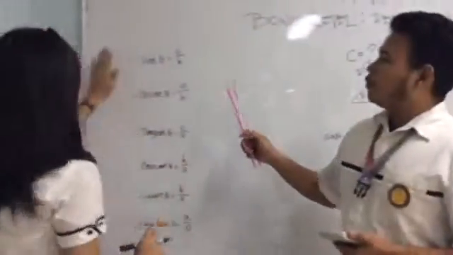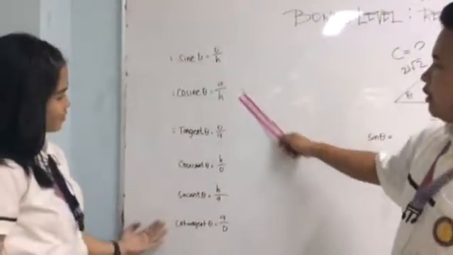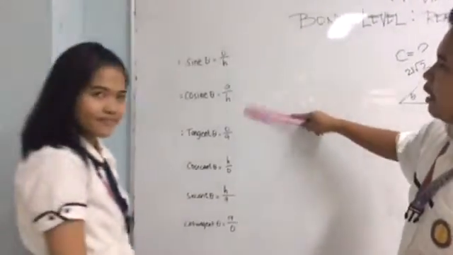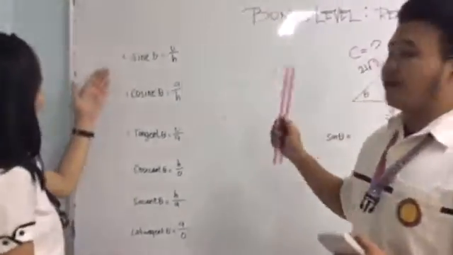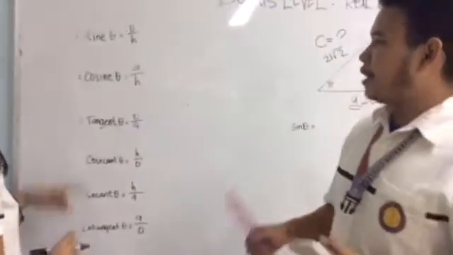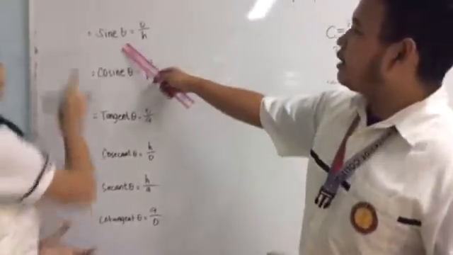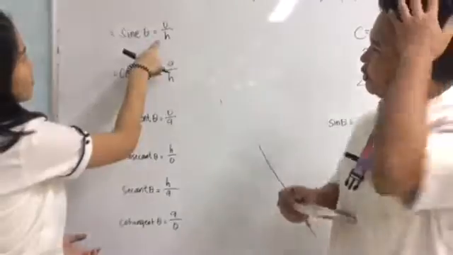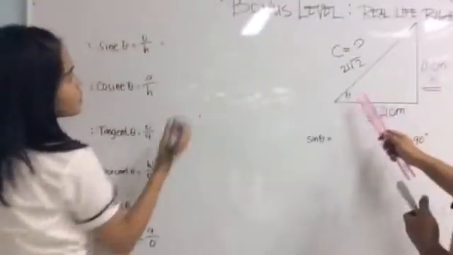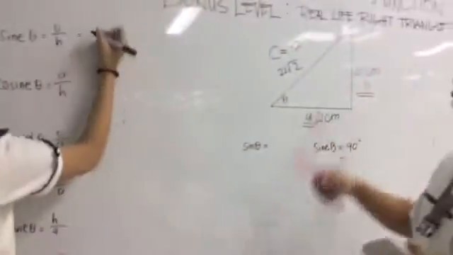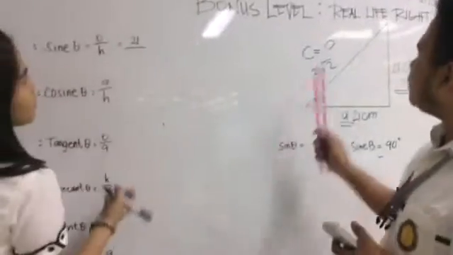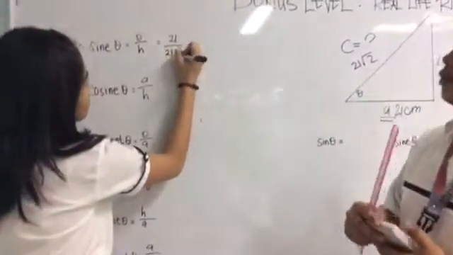So we should find the value of each basic trigonometric function and their reciprocals. So sine is equals to opposite over hypotenuse. The opposite of theta is 21 centimeters over the hypotenuse, which is 21 square root of 2.